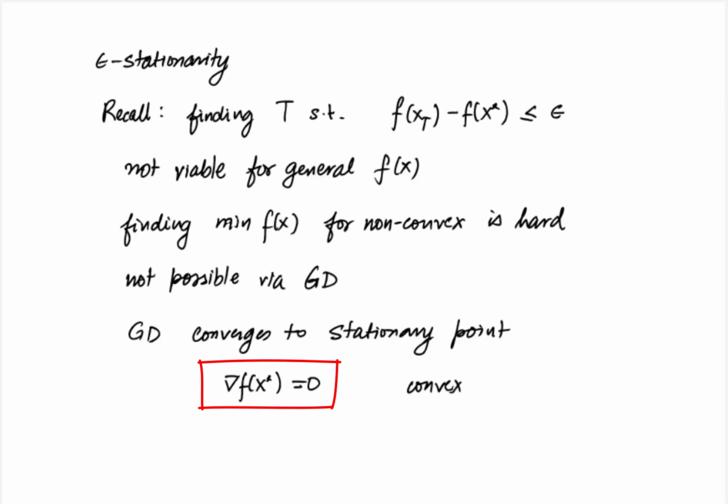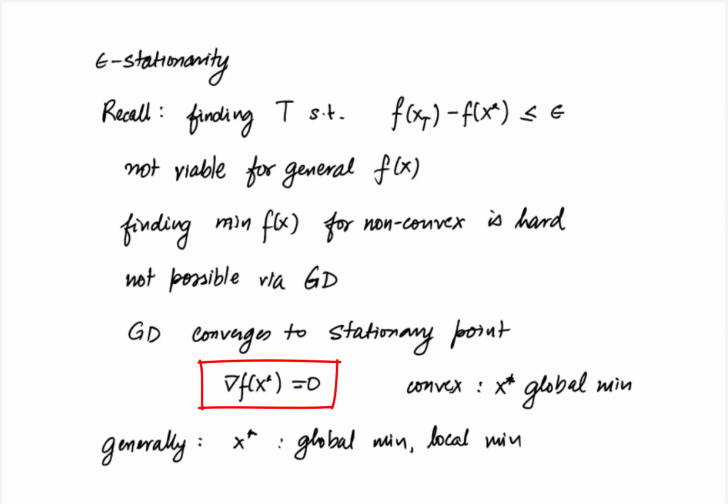Recall that for convex problems x star is the global minimum, but for general problems it is only the stationary point. Of course, a stationary point can be a global minimum, but it can also be a local minimum or a local maximum or a saddle point. Of these, the local maximum is mostly ruled out unless your starting point itself is the local maximum.